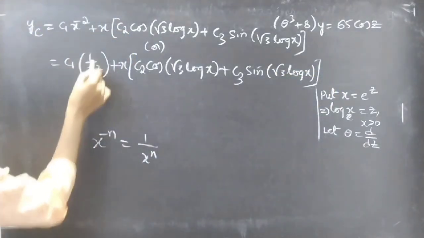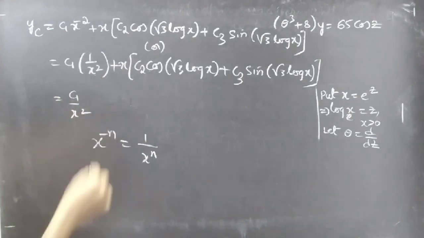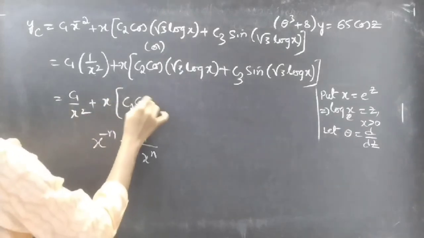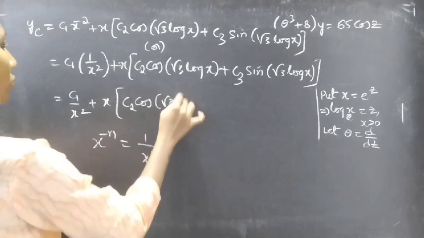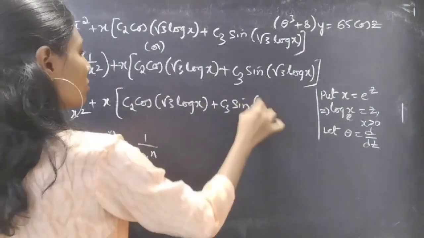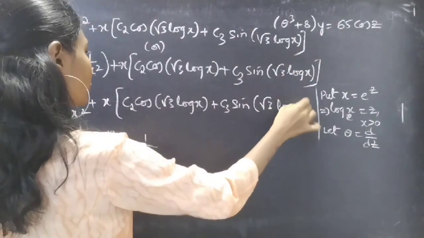We can write c1 into 1/x² as c1/x², plus x times c2 cos(√3 log x) + c3 sin(√3 log x).